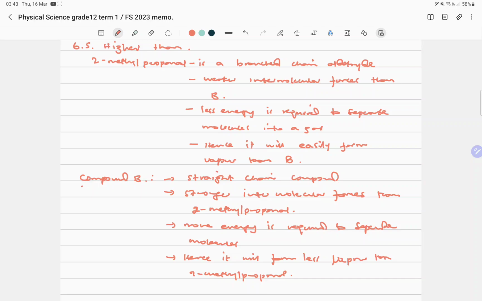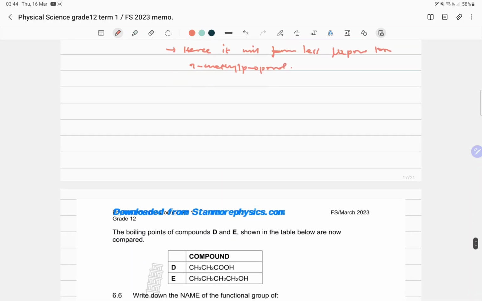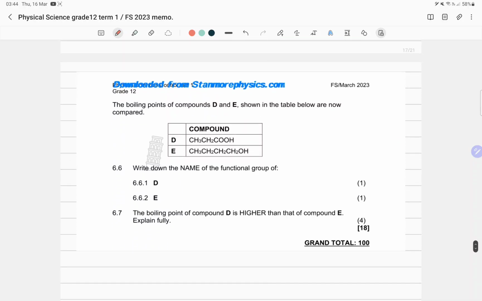Compound B, meaning you can already see here there's 4 points for each. So you can choose either this or that to form your comparison. And as long as you have all of those stories, the stories will hold. Okay, let's move on, guys.